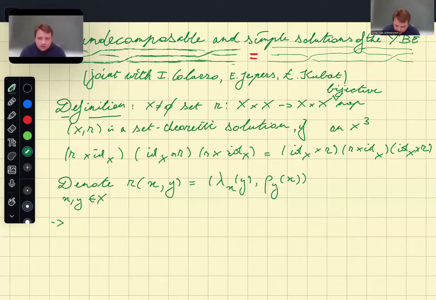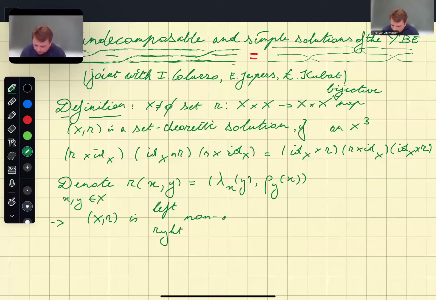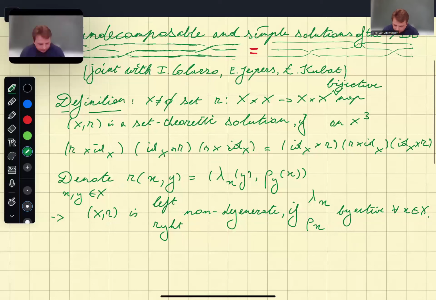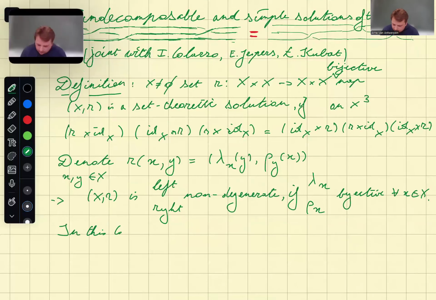So we say that a solution (X, R) is left or right non-degenerate if those maps lambda x or the maps rho x are all bijective for all x in X. And what we will look at in this talk, and what we've looked at in the paper, is to assume that the set X is finite and that the solution is indeed both left and right non-degenerate.